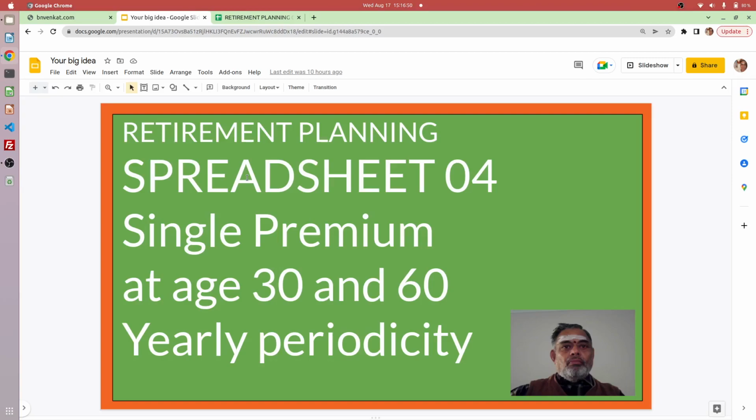In this session we will have spreadsheet 4, which is for a single premium at the age of 30, that is, if the current age is 30, and also another sheet for current age 60 with yearly periodicity, so that we can have a small spreadsheet. Let us go to the next one.